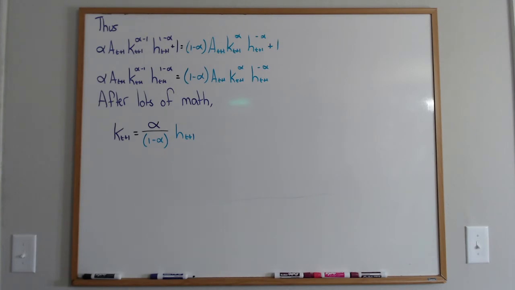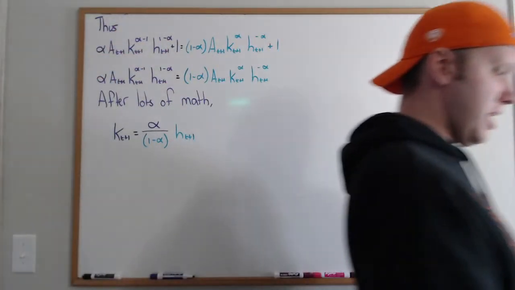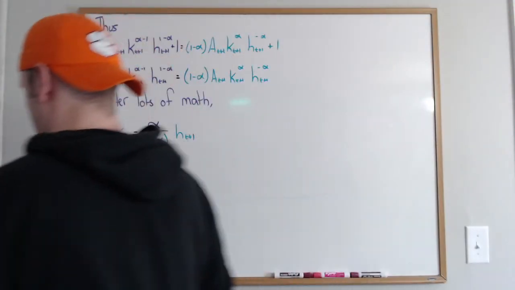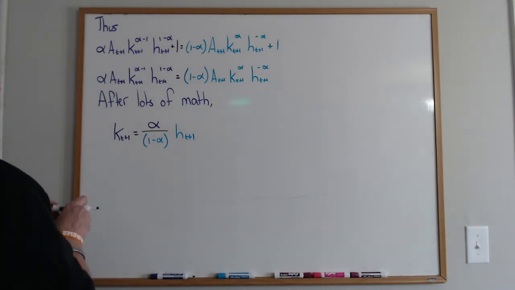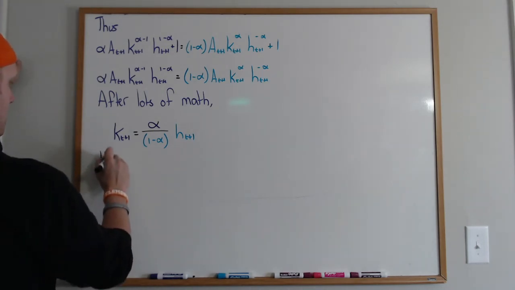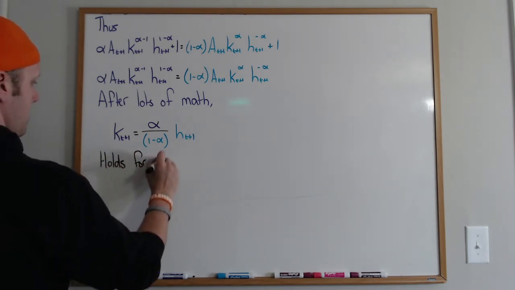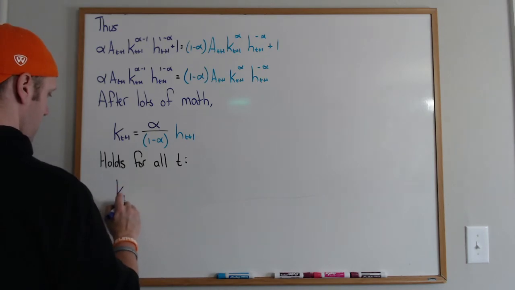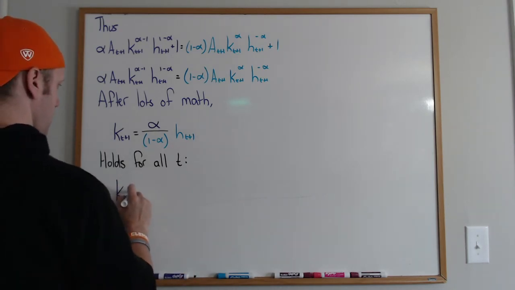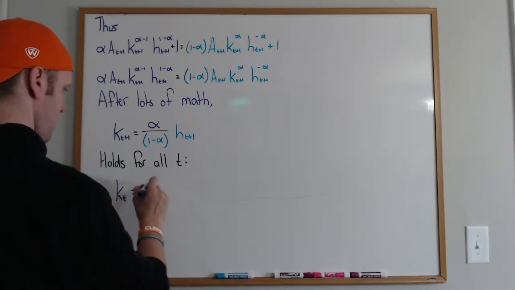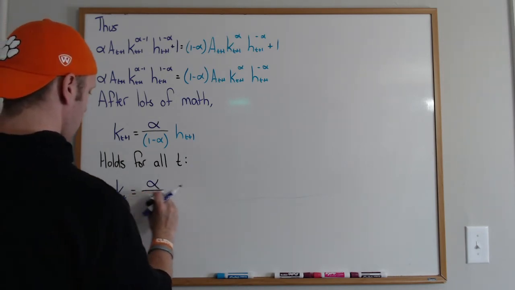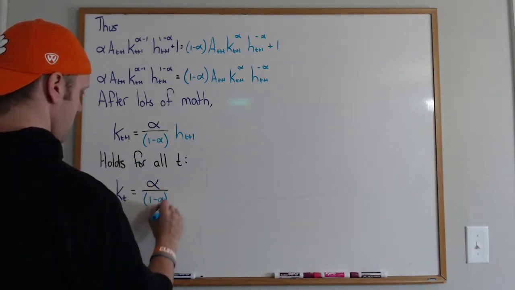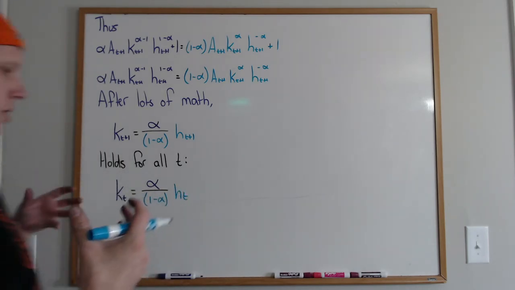Now, because this holds for all t, for every time period, we could also say k_t equals alpha over one minus alpha times h_t.